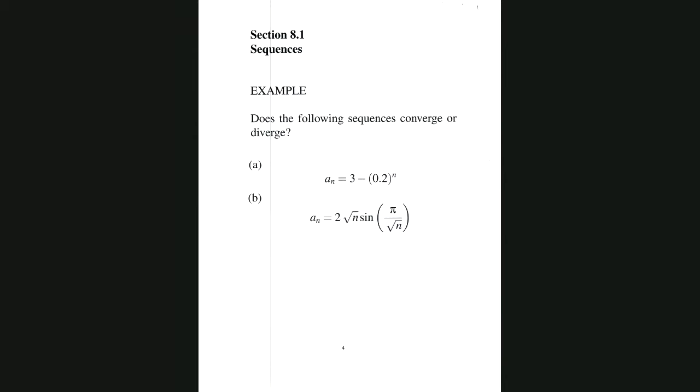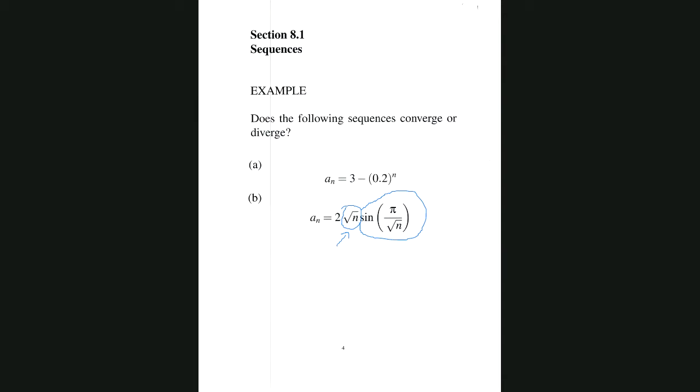So notice if you look at this, what is the second sequence here? You have the square root of n, and you have the sine of pi over root n. What is the square root of n approach as n gets large?